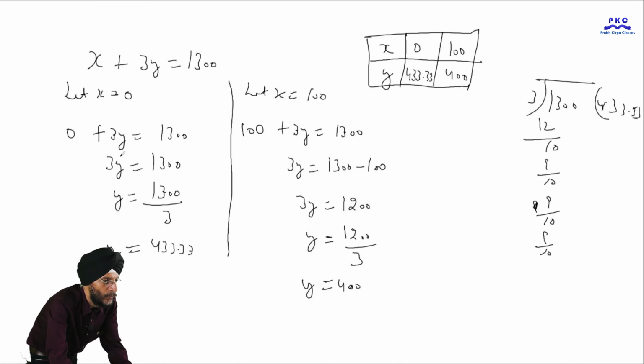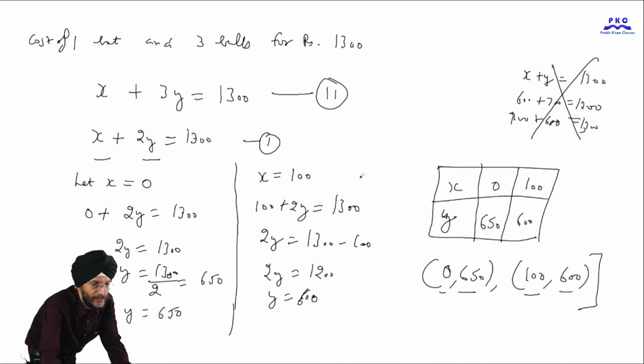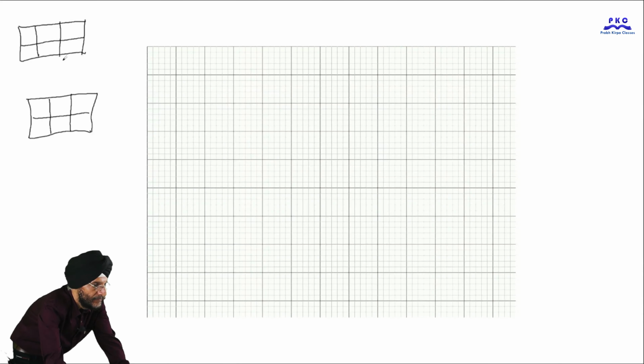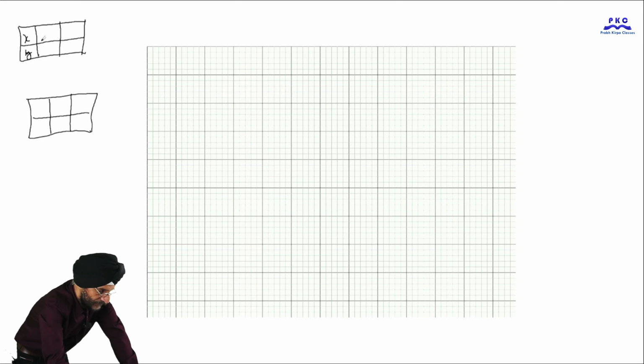Here we will have to go one step behind. What were the solutions? (0, 650), (100, 600).